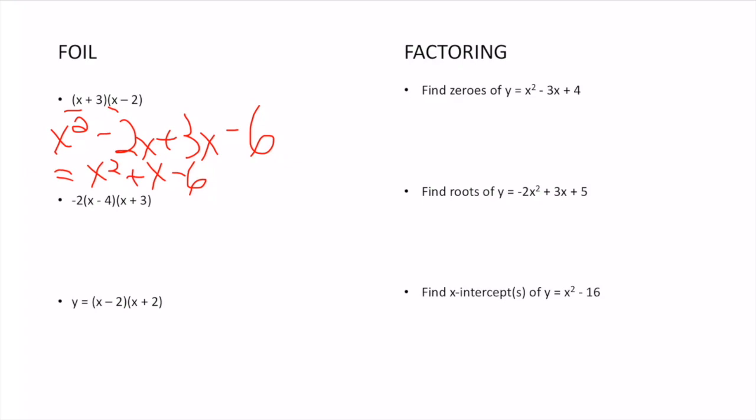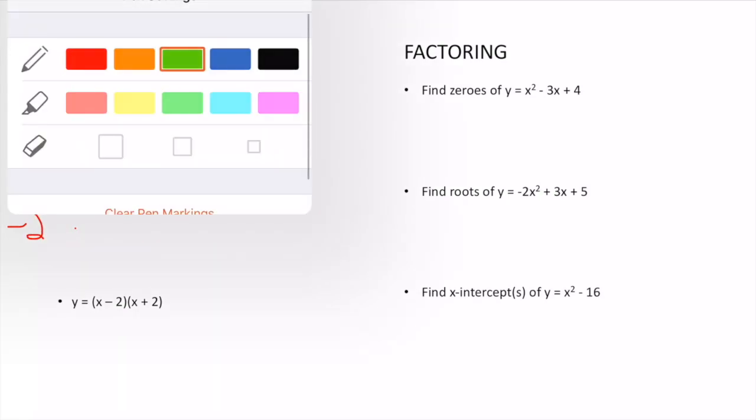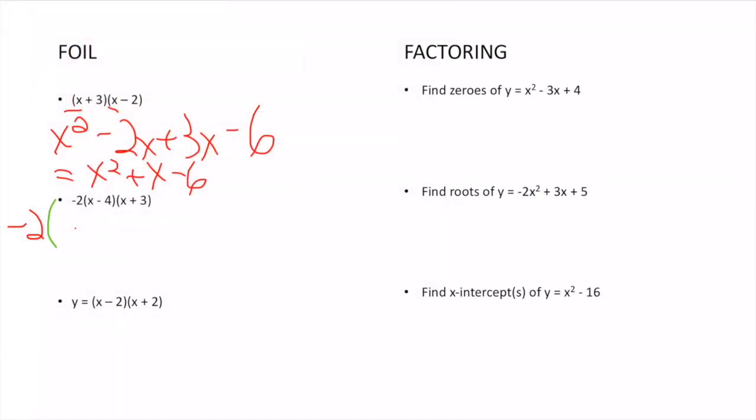If I have an a value in front, so here I have an a value of -2, it's usually easiest just to keep that till the end, and then distribute it in.